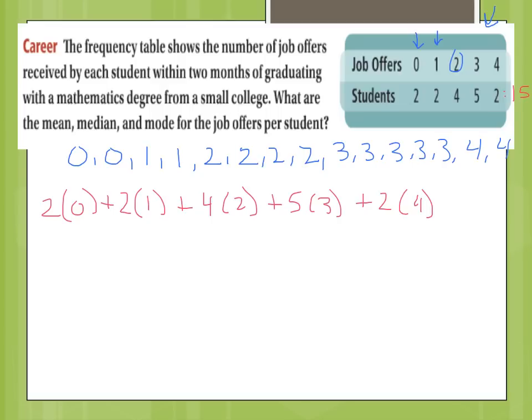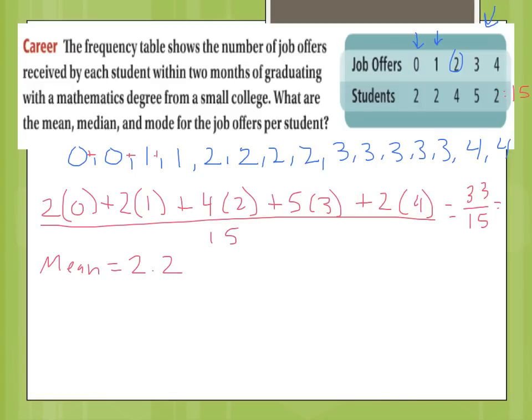That's the shorter version of writing out all of those with a plus in between. And I'm going to divide by how many there are, so 15. If I add those all up, that's 33 out of 15, so the mean is going to be equal to 2.2.